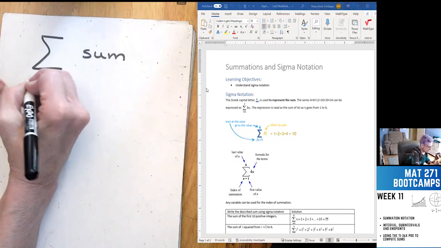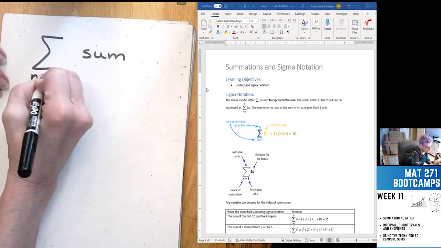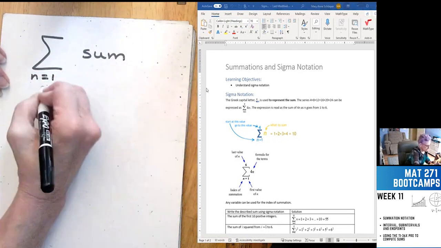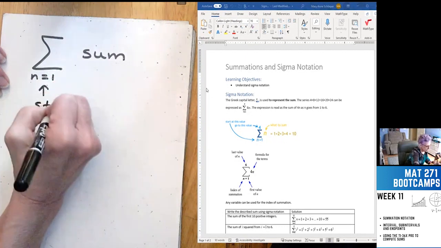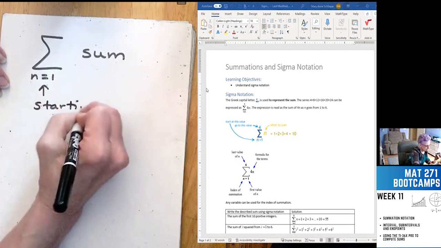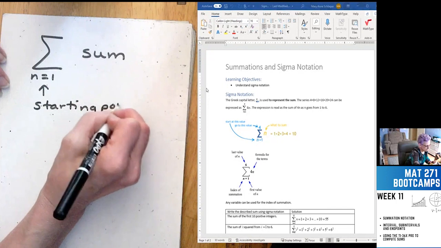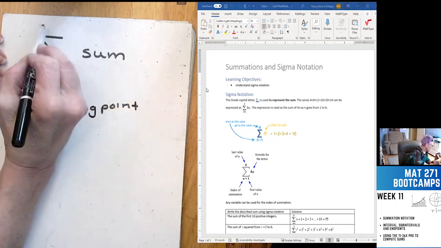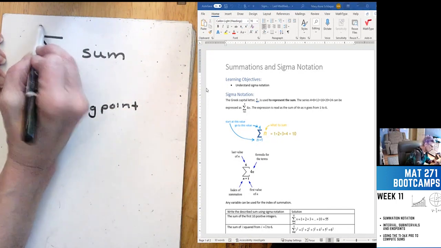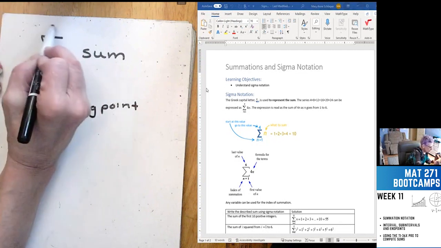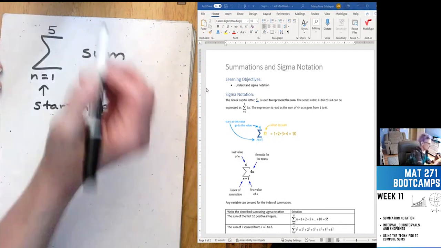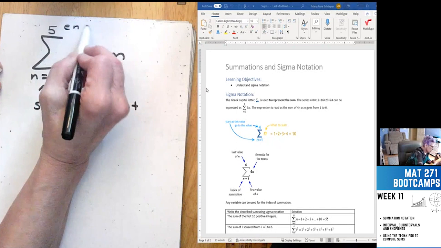We start with an index at the bottom. This gives us our starting point. And then we have an ending point at the top. So n equals 1, we'll say 5. This would be our ending point.